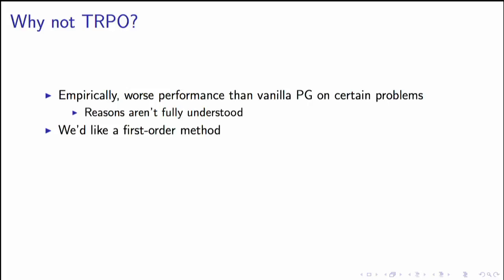In TRPO, you're using this KL divergence constraint on the policy to limit the size of your update, but that constraint doesn't say anything about how much to update the value function.